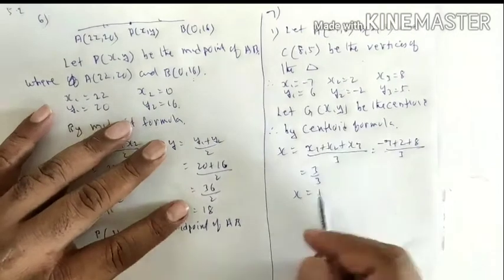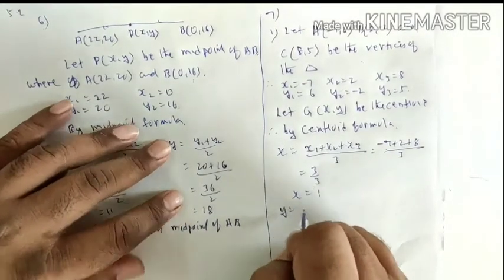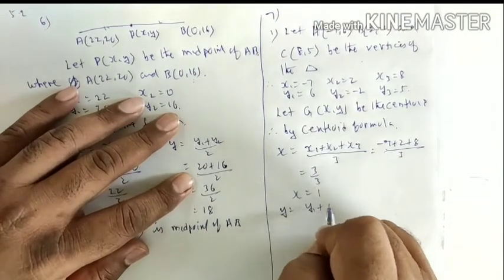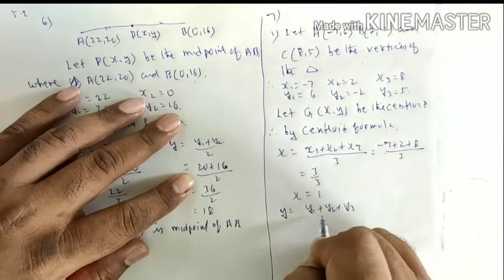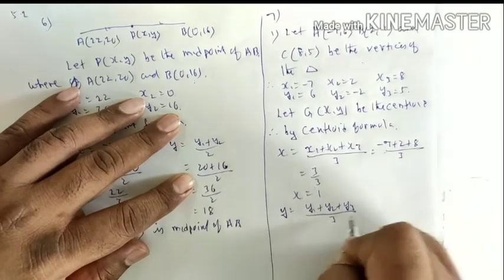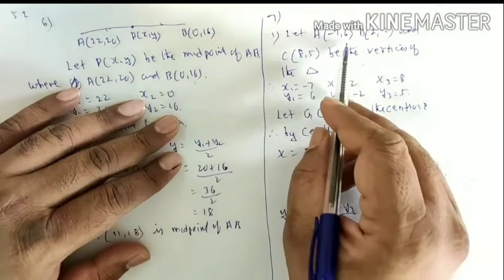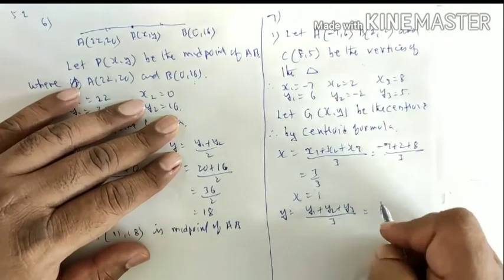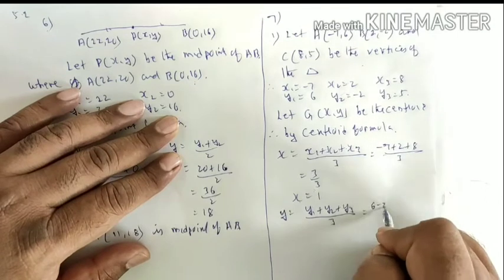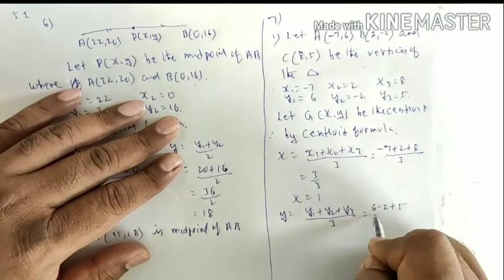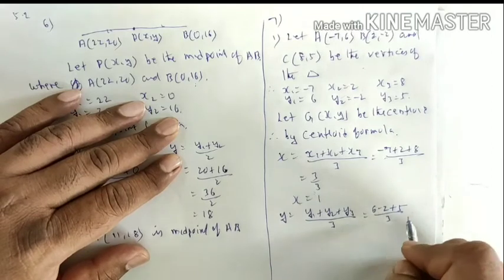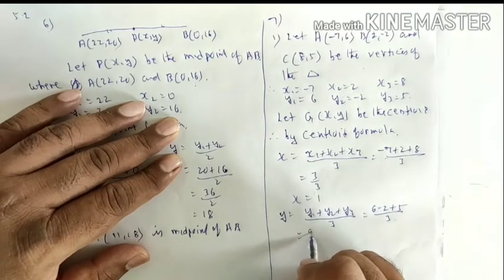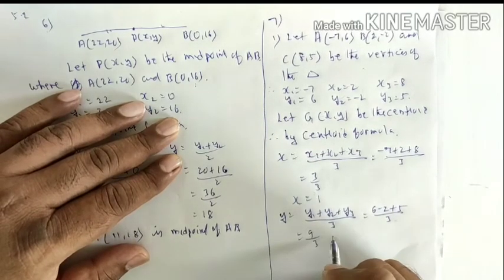Now how to find the value of y? y is equal to (y1 plus y2 plus y3) upon 3, that is equal to (6 minus 2 plus 5) upon 3. 6 plus 5 is 11, 11 minus 2 is 9, 9 upon 3. 9 upon 3 is how much?